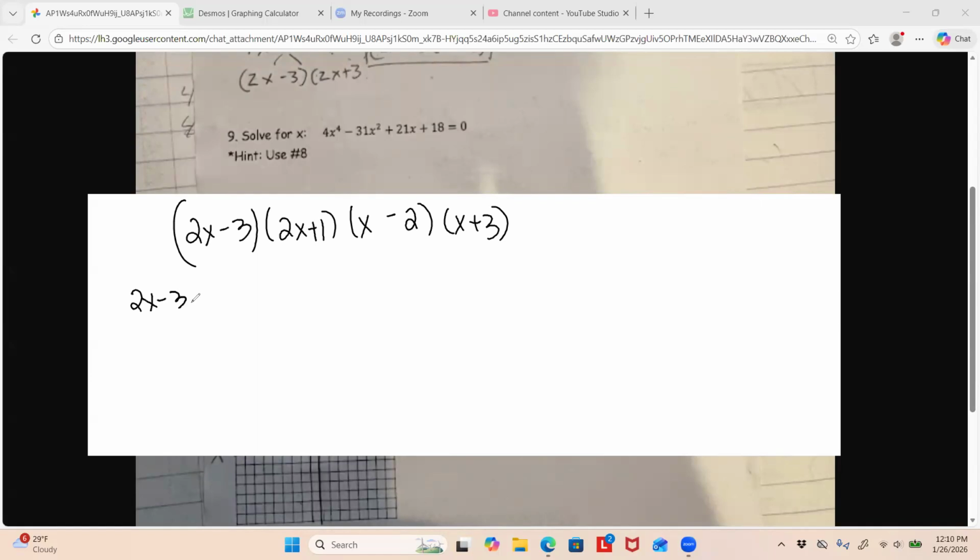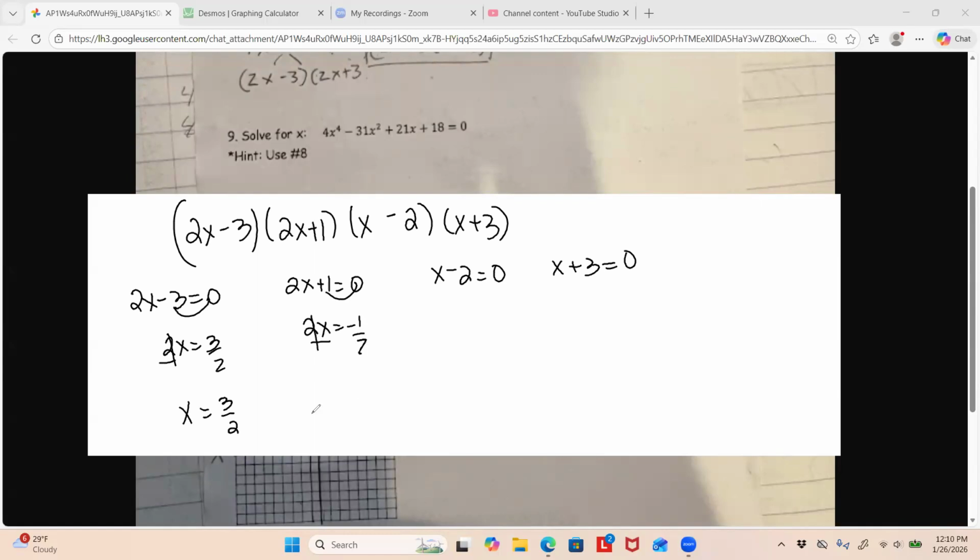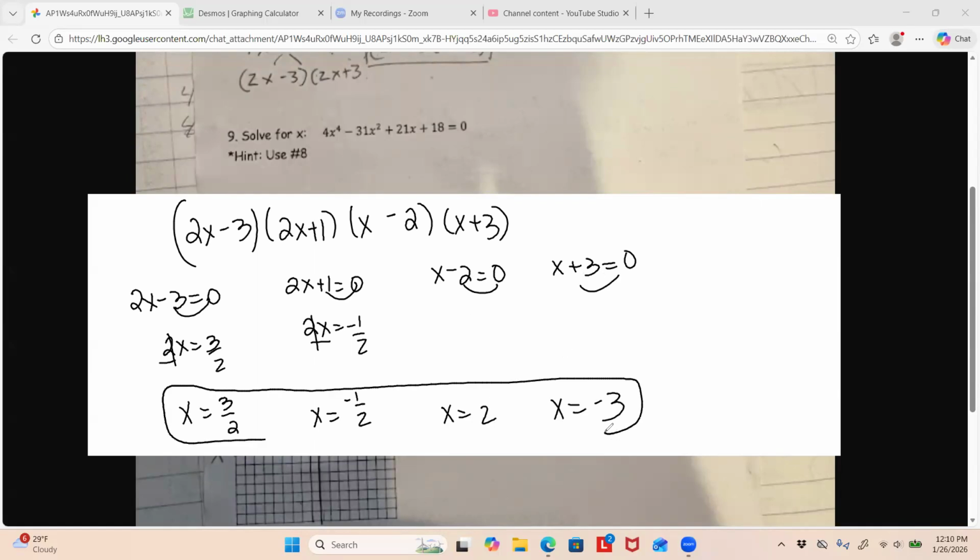All right, move this over. That'd be 2x is 3, divide 2, leave it as a fraction. Move this over, divide 2, leave it as a fraction, add 2, minus 3. There's your answer for number 9.